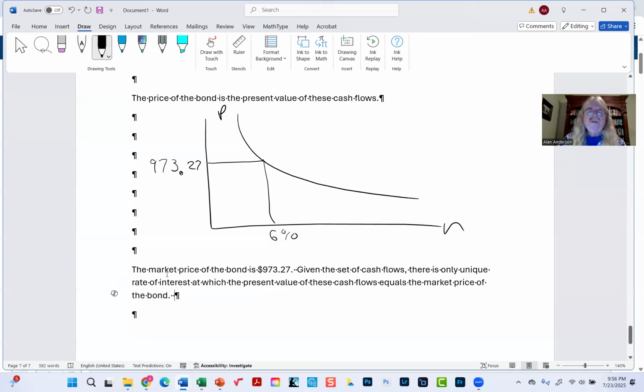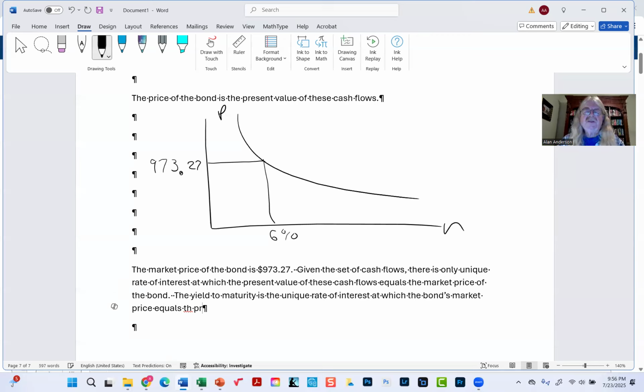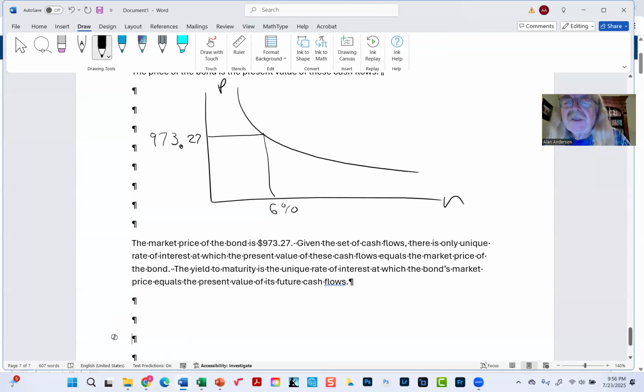So therefore, yield to maturity can be thought of as the unique rate of interest at which the bond's market price equals the present value of its future cash flows.